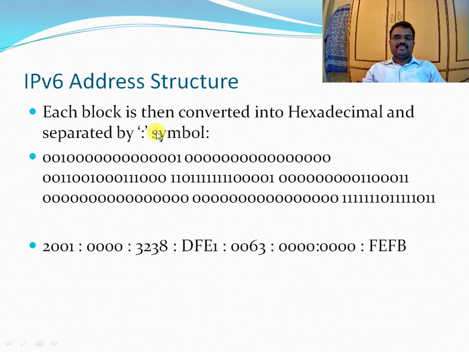Each block is then converted into hexadecimal and separated by colons. So this block is equivalent to 2001, this one to 0004, this one to 3238, this one to DFE1, this one to 0063, and the remaining are zeros, and the last is equivalent to FEFB. This binary is equivalent to hexadecimal separated by colons.